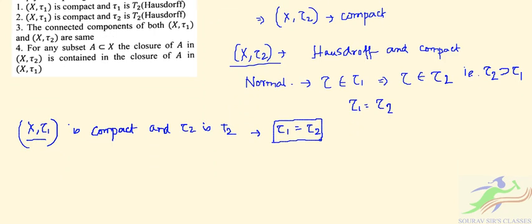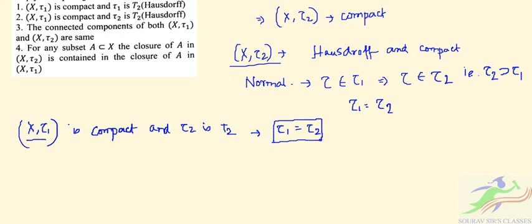Now for any subset, let's check option number 4: for any subset A that is a strict subset of X, the closure of A in (X, tau 2) is contained in the closure of A. We have to prove this for tau 1 equal to tau 2.